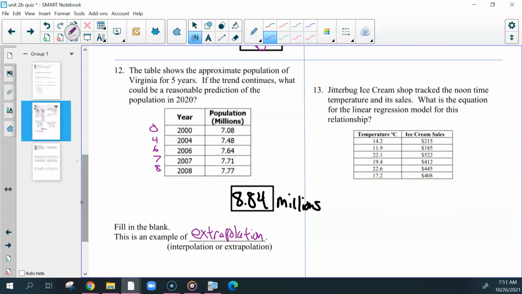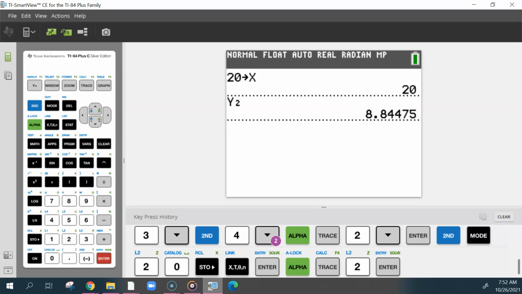For the last one, we just needed the equation. We didn't need anything else. So for the last time, go back to Stat, Edit, and put that data in.